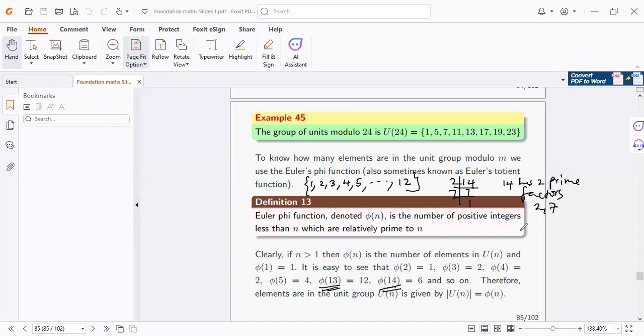So to get Euler-Phi of 14, I would take 1 minus a half, multiplied by 1 minus 1 over 7, then multiplied by 14. This is the same as a half times 6 out of 7, then times 14, which is 6. That is why, if this number becomes larger and larger, these formulas come in handy.